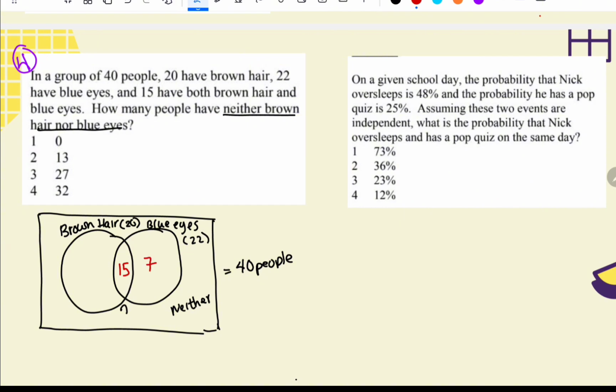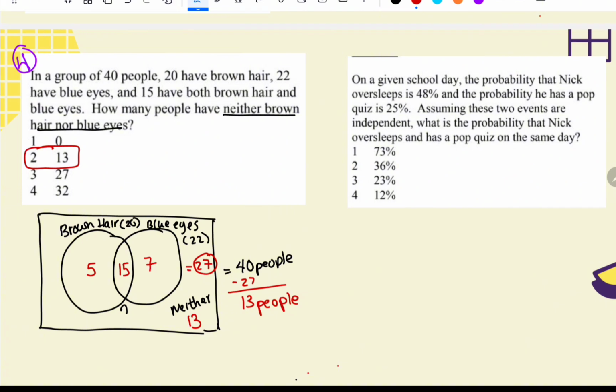What plus 15 is going to get me 20? 5. Now I add this all together. So 5 plus 15 is 20, and 7 is 27. So 27 people have brown hair or blue eyes or both. So I want to find neither. I'm going to do 40 minus 27, and I'm going to get 13 people have neither. So I know my answer choice is going to be number 2.